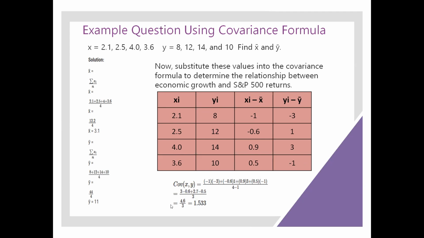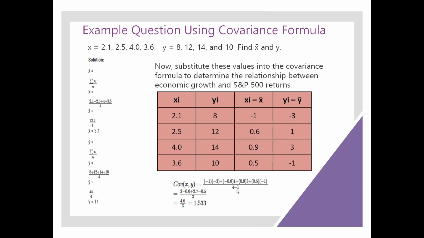Fine. Now I want to find the covariance between x and y. What I have to do is take the sum of the products. So I multiply this with this: minus 1 multiplied by minus 3, plus minus 0.6 multiplied by 1, the same way 0.9 multiplied by 3, plus 0.5 multiplied by 1.